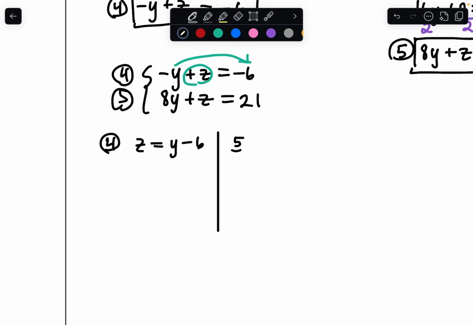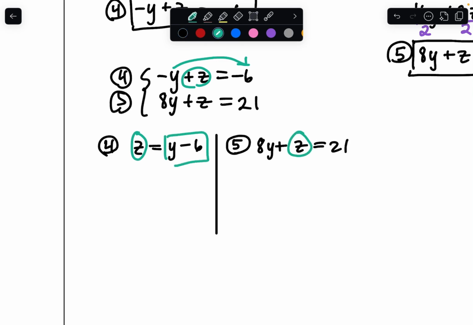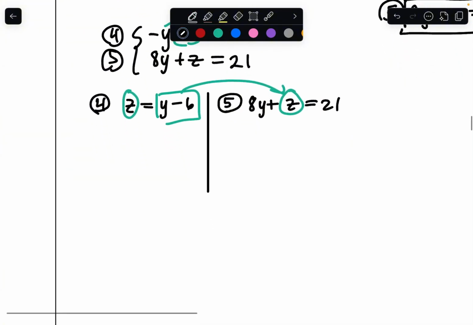And then equation 5, z is the player getting subbed out of the game. And so I'm going to write equation 5, and we are subbing the z. Okay, so that gives me 8y, and we are filling in the y minus 6 for z.